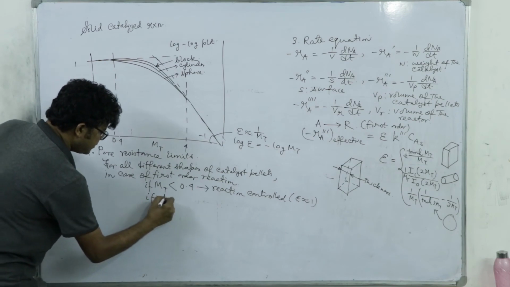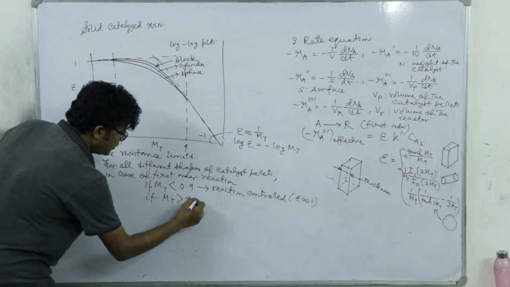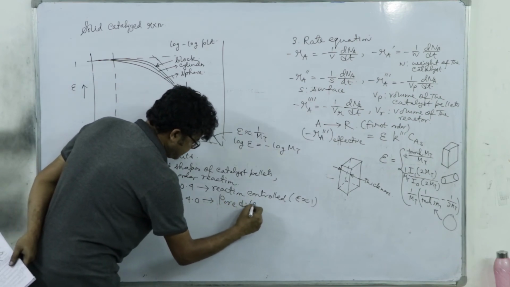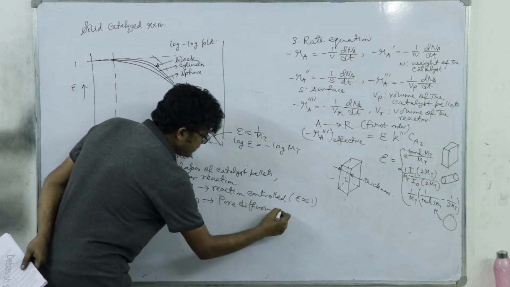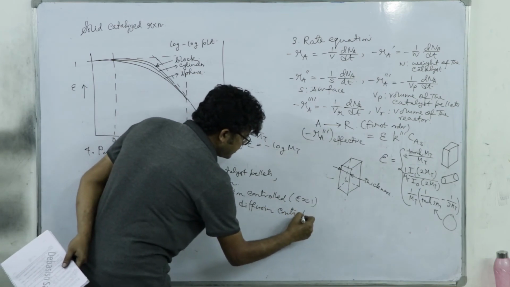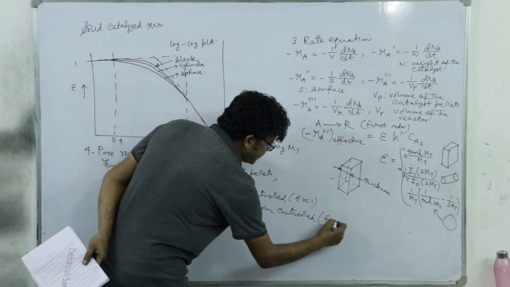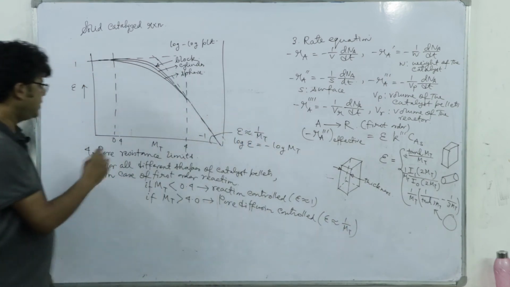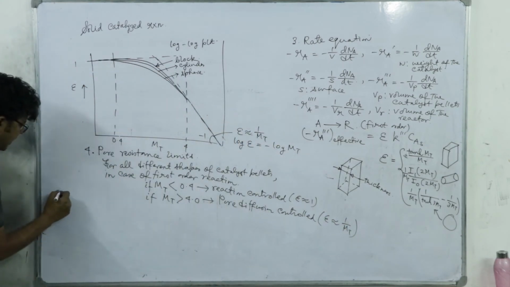If mt is greater than 4, then it is pore diffusion controlled, and epsilon is close to the inverse of mt, right. So, that is the inference 4 we have.